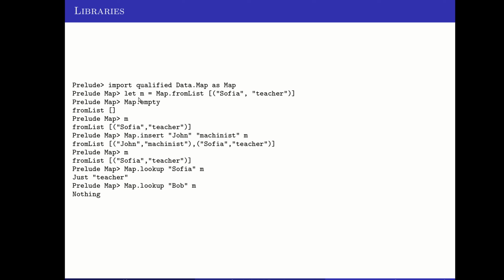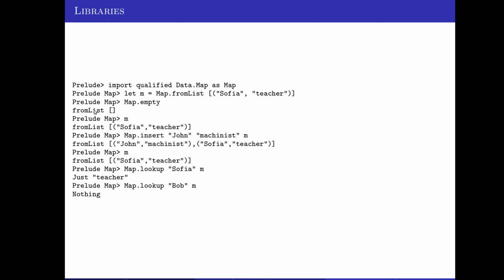So this allows me to create a map from a list. It will have to be a list of tuples where one is the key and the other is the value. So this creates a map from the list with Sophia and teacher, and will let us store that as M and use that name M.